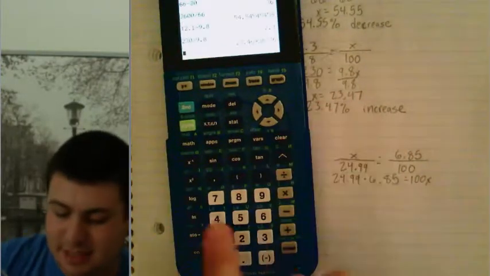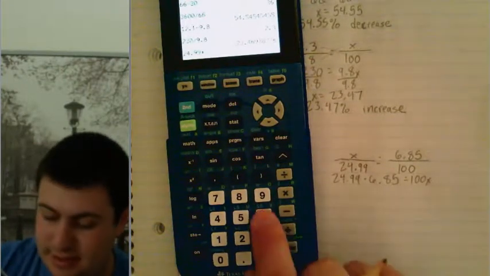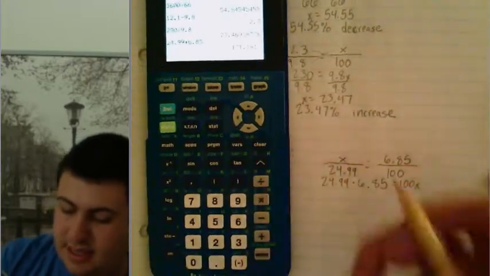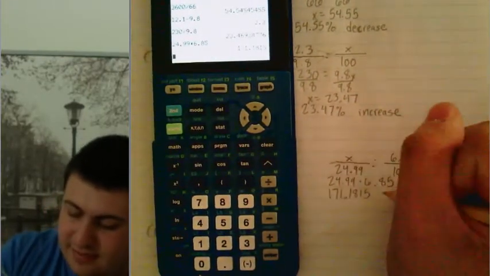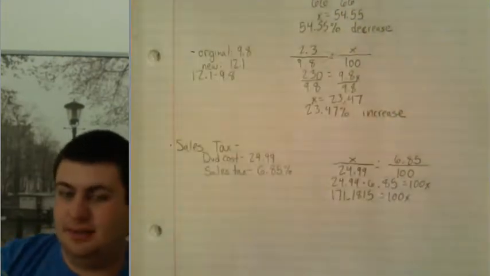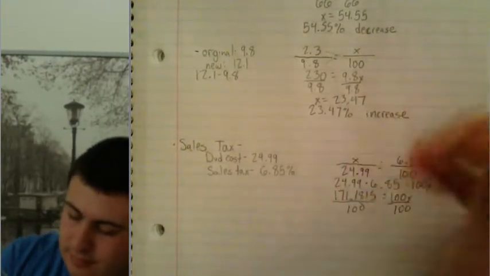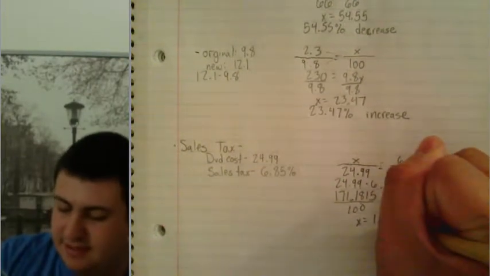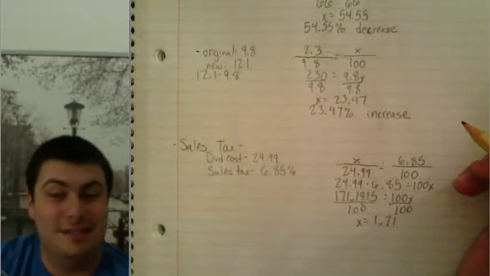So 24.99 times 6.85 is 171.1815, and that equals 100x. And now we're going to divide both sides by 100 and see that x equals 1.71, because now that that's our final answer, we're going to round it to 2 decimal places.